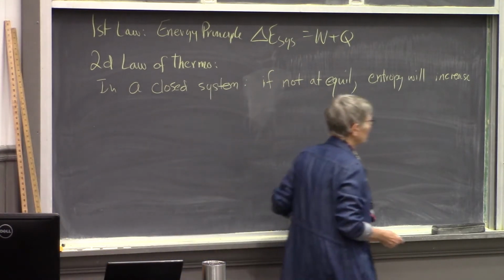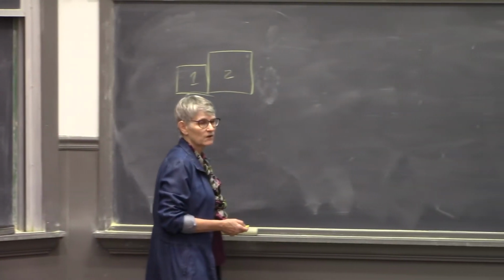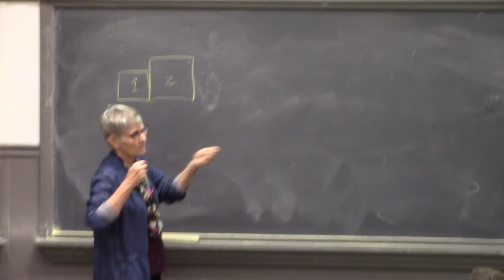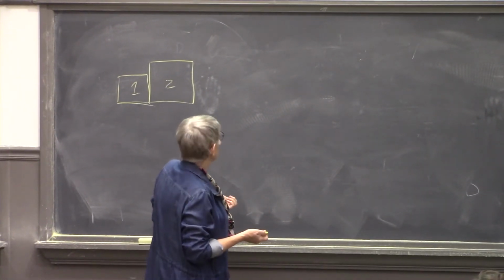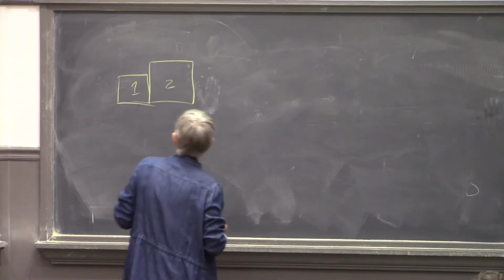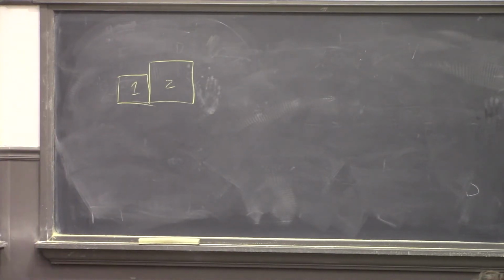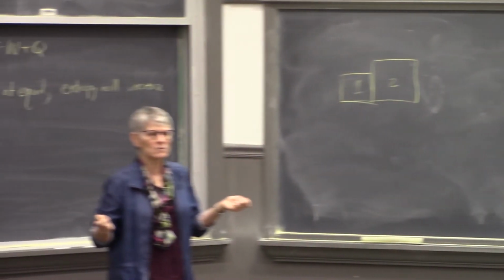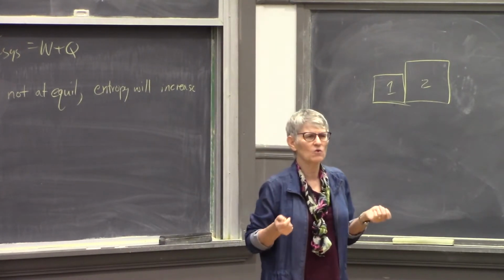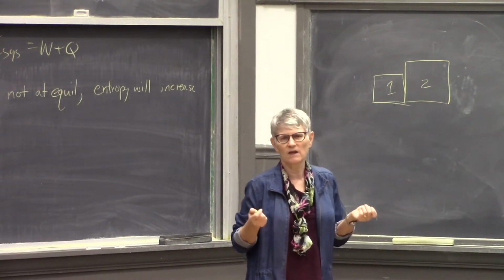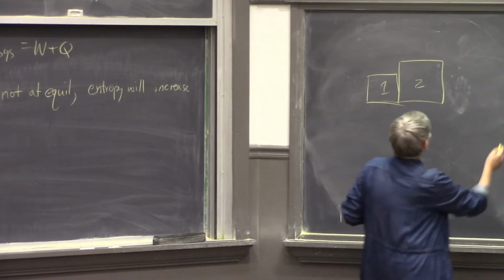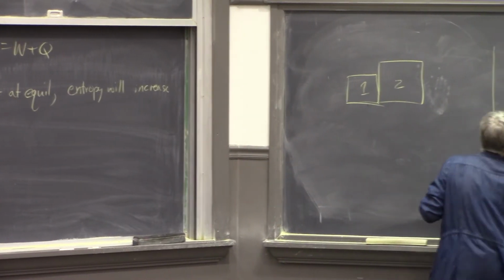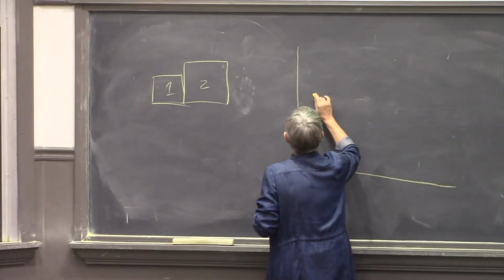So we have these two blocks that are in thermal contact with each other. They exchange energy randomly. And the most probable situation is the situation where there are the most accessible microstates, or where equivalently the entropy is at a maximum, right? So I don't know how well I can reproduce this graph, but we'll try here.